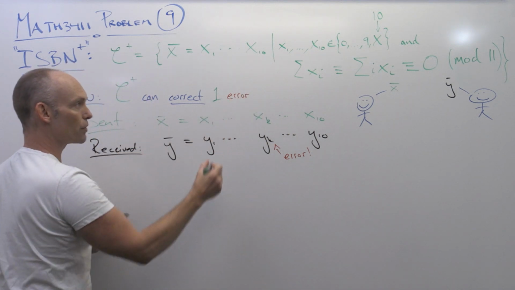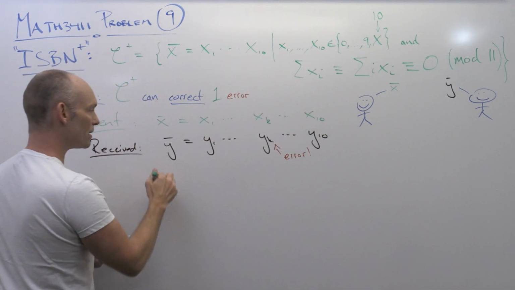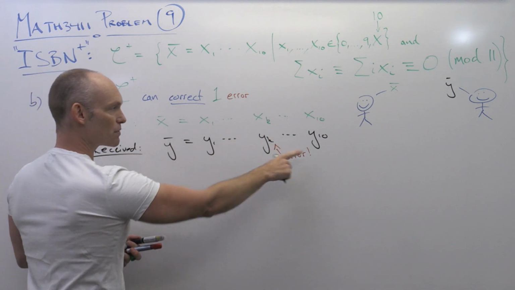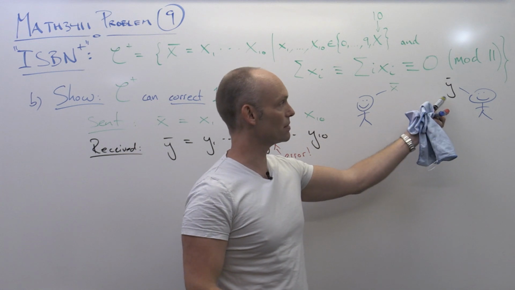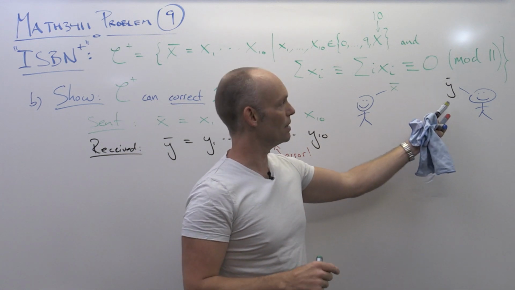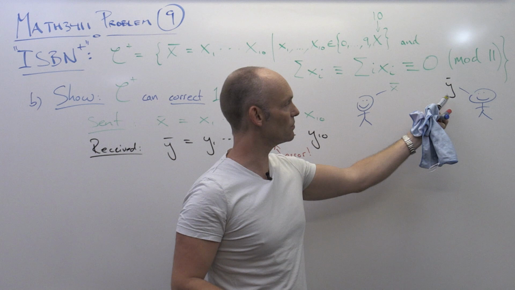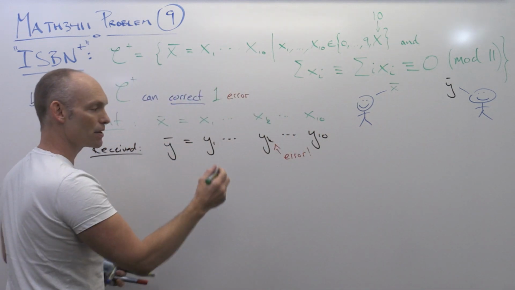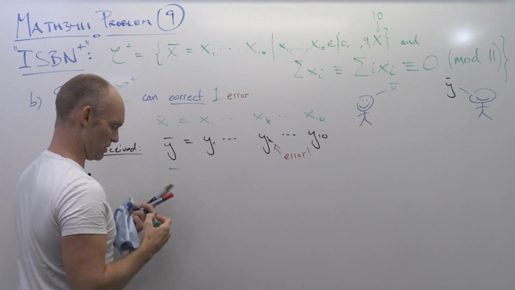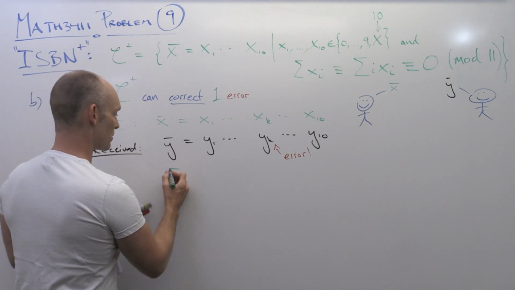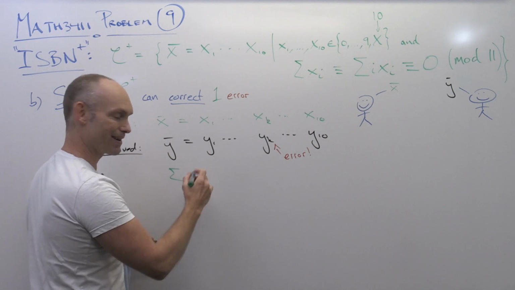We can start off with the first sum there, but let's look at the received messages. So with that person there, we've received that word with one error in it, and that's all the information we have. So we have to use the information there, which is here, somehow to correct this. So let's look at this sum here. And here I'm just going to be a little bit lazy and just use green.